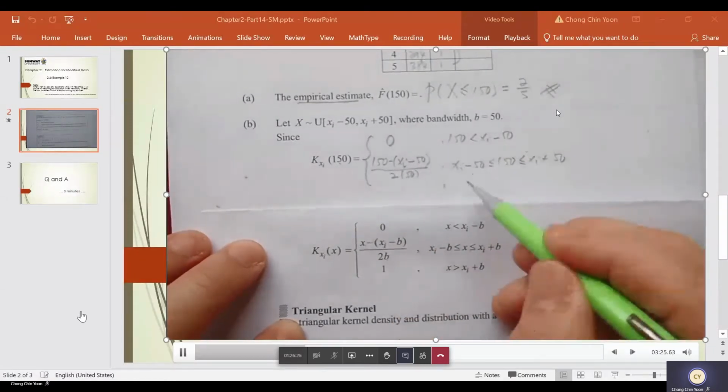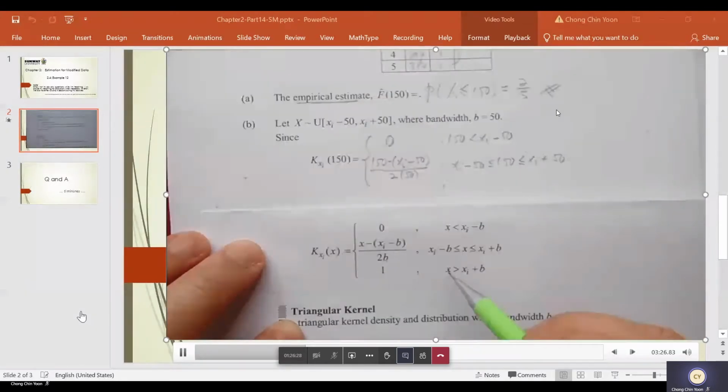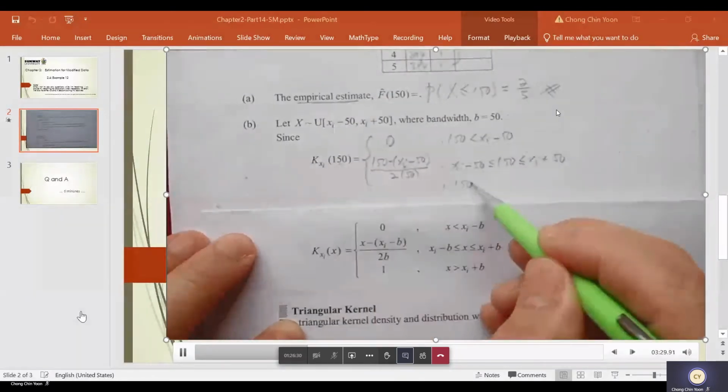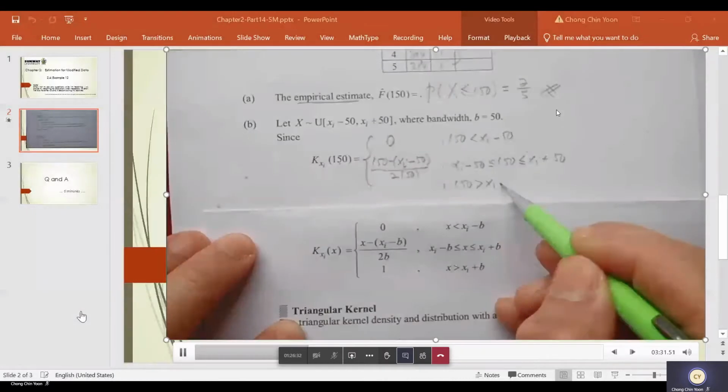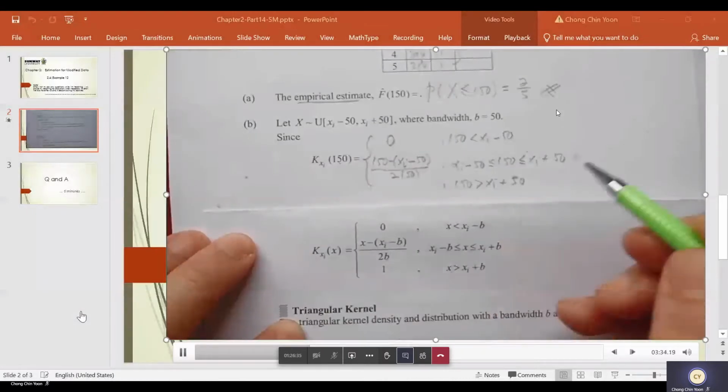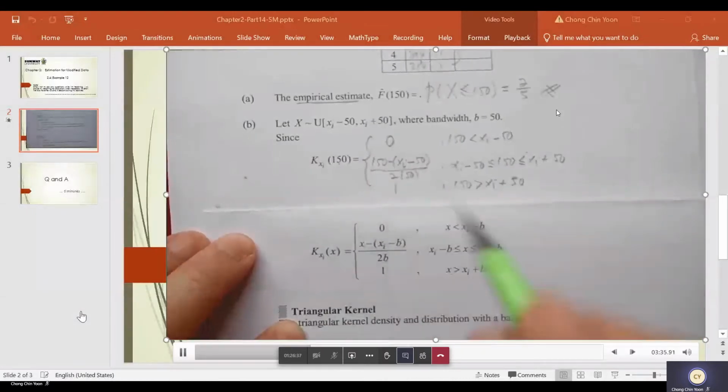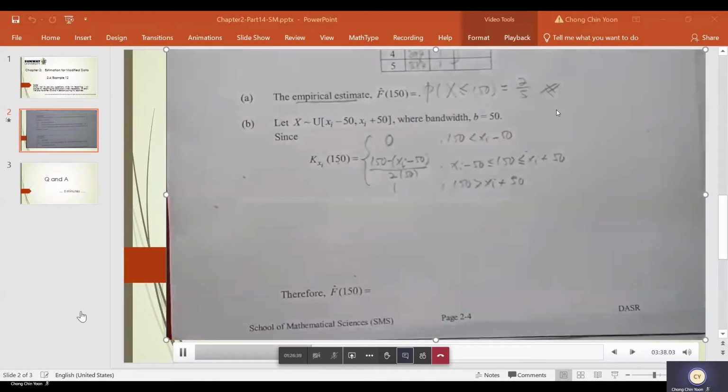And for the last interval here, x, which is 150, is greater than xi plus 50, and this is 1.